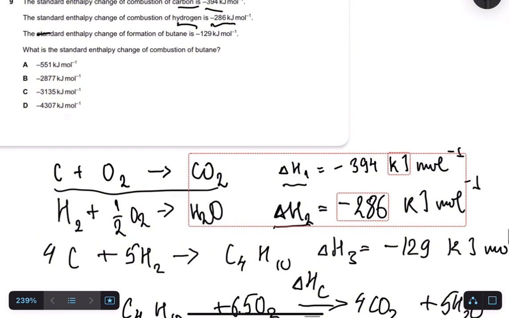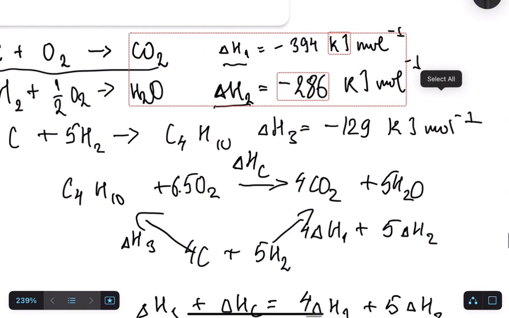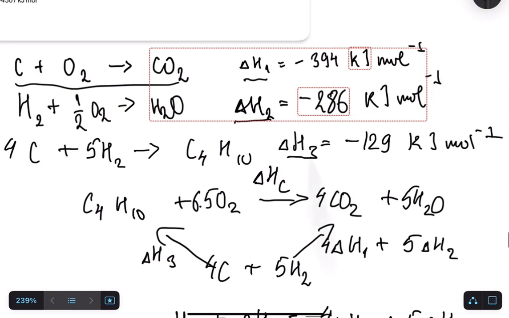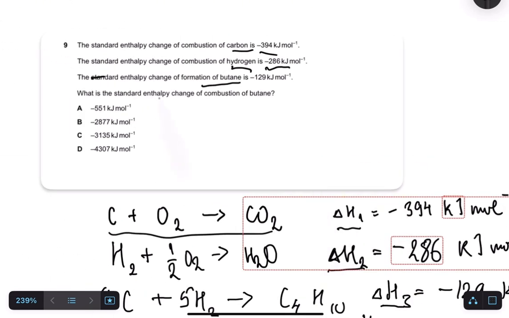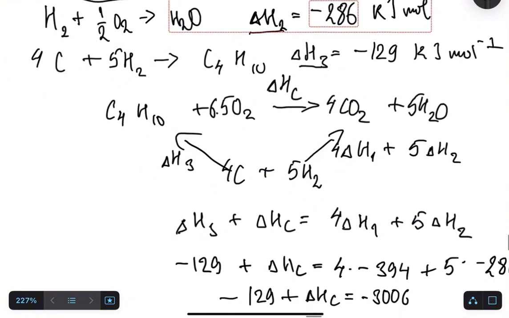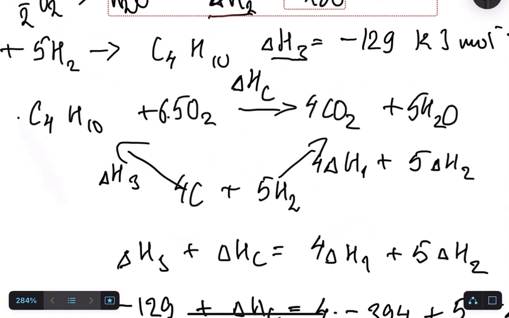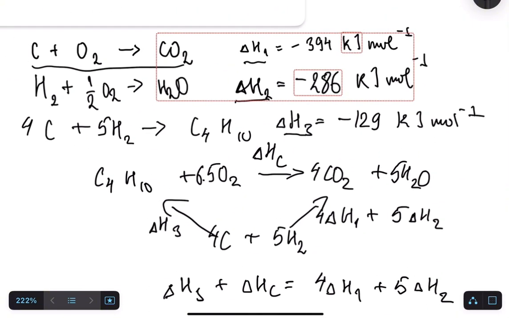And the third one is the standard enthalpy change of formation of butane, which is minus 129. So we will say this enthalpy change is delta H3. And we should find the standard enthalpy change of combustion of butane. So we should write the reaction here and draw the Hess cycle.